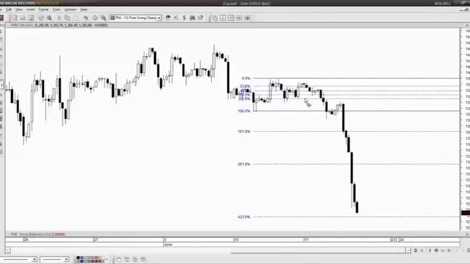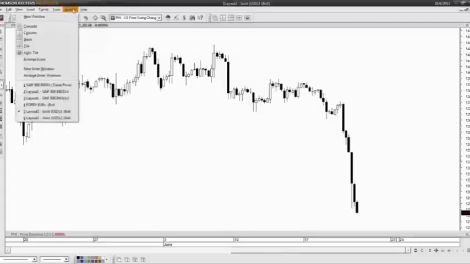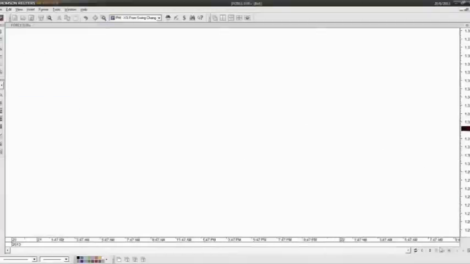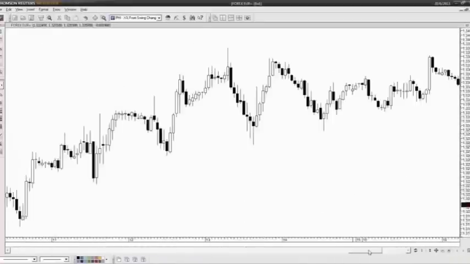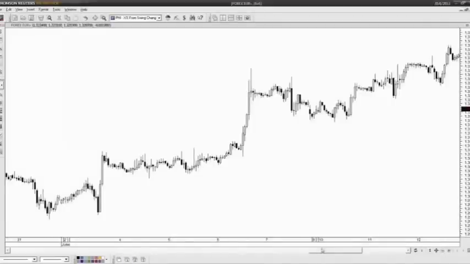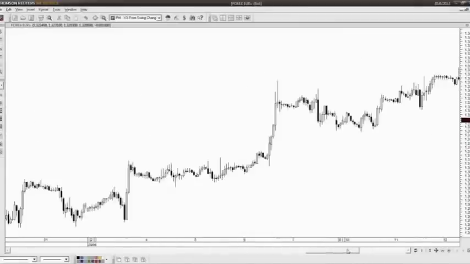Okay, so if we go to our other favorite instrument for the day and we go again to the hourly, the only difficult thing when you go to the lower time frames is your ability to identify the correct tops and bottoms. Yes, okay, so what happened here yesterday?